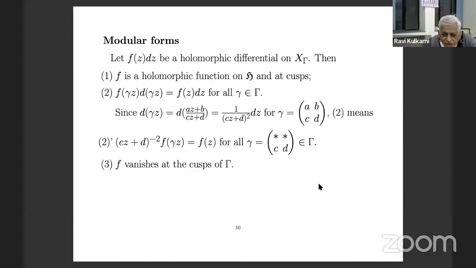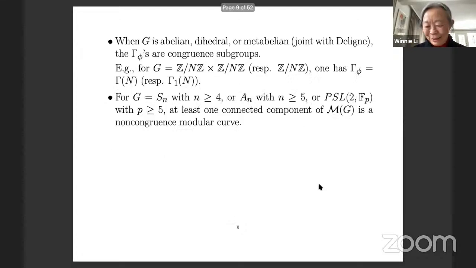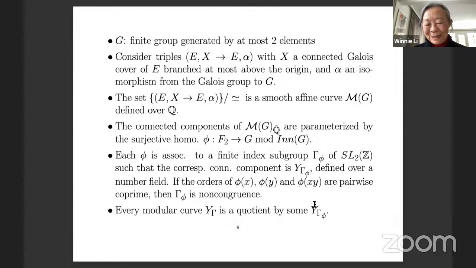It has to be made precise. Because the non-congruence subgroups are abundant, and he also shows that this kind of modular curve basically covers all the Y of gamma. So most of them are expected to be non-congruence. The question is how to determine whether it's non-congruence or not.